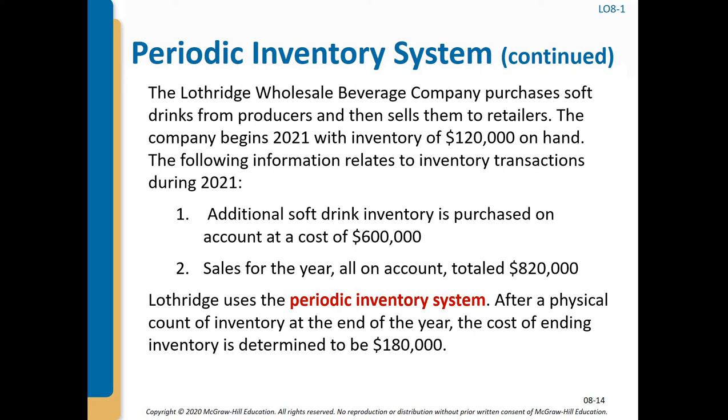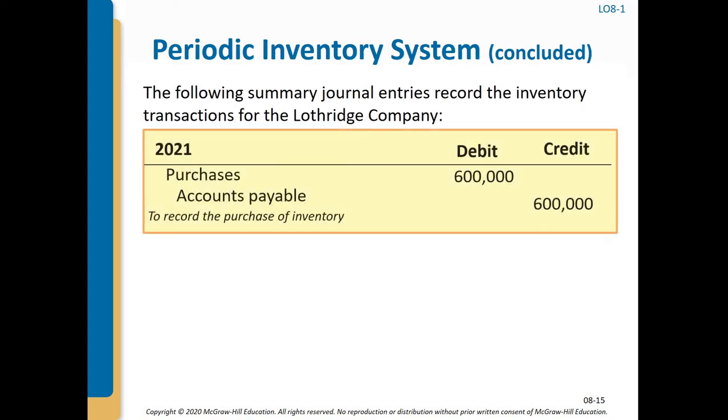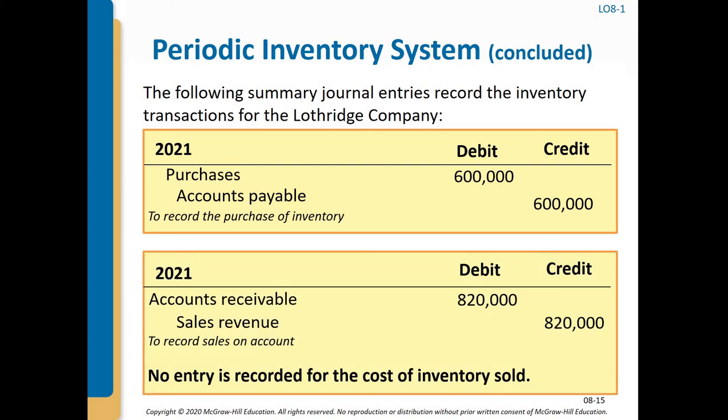Let's take the same example as before. The additional soft drink inventory is purchased on account at a cost of 600,000 and sold for 820,000. Let's see how to record it. Purchases account debit and accounts payable credit to record the purchase of inventory on account. When we are selling, accounts receivable debit and sales revenue credit.